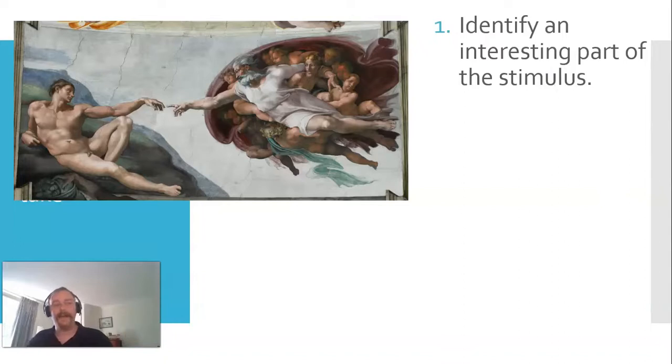So identify an interesting part of the stimulus. Well, there's so many interesting parts here. I could talk about God and man being created. I could talk about all sorts of different things, and heck, I could talk about almost anything. There's lots of interesting stuff here, but the thing that interests me is something that I saw in a TV show called, oh, what is it?